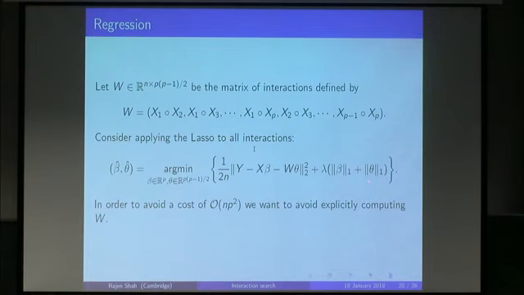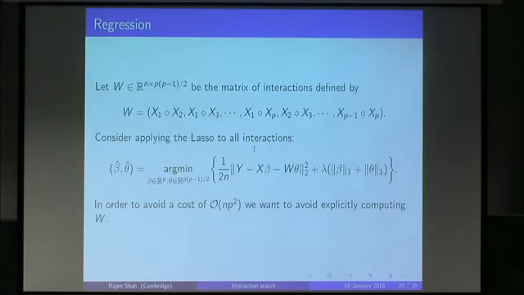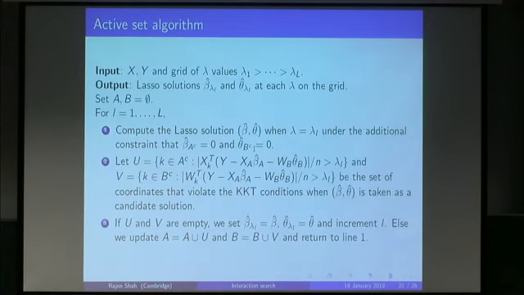But of course, what we'd like to do is avoid computing this matrix W involving all of the interactions and the quadratic cost in p that would come along with that. So let's just think about what would happen if we were to work with this, and where things break down if we were to apply the usual algorithms for the lasso.